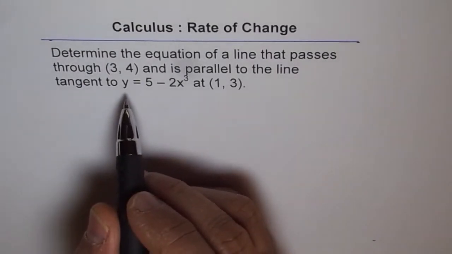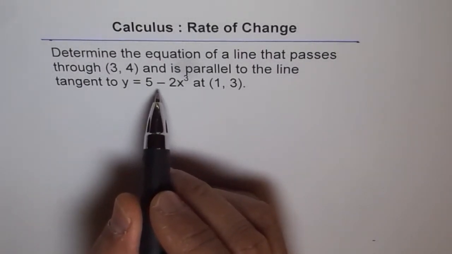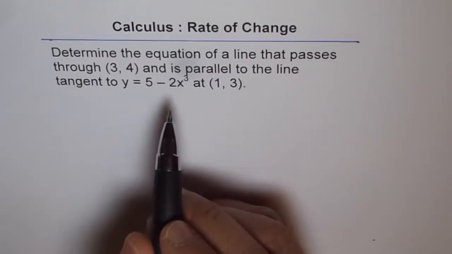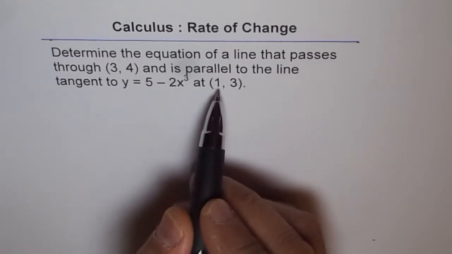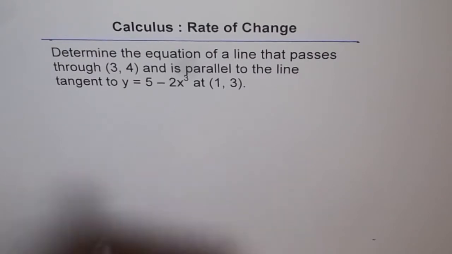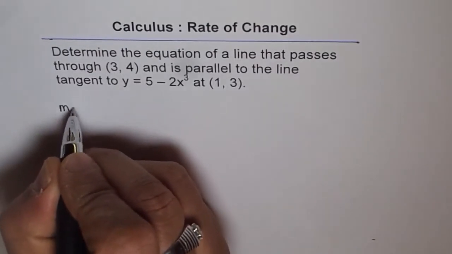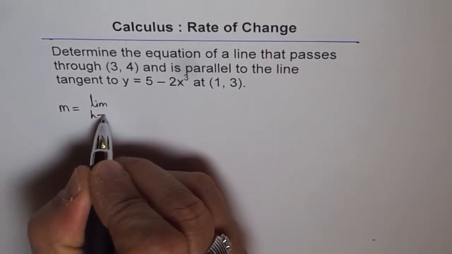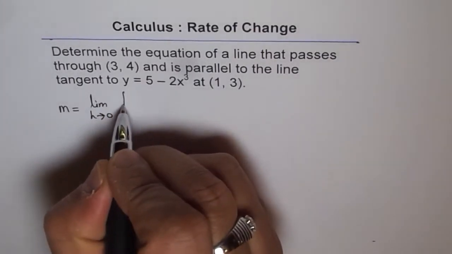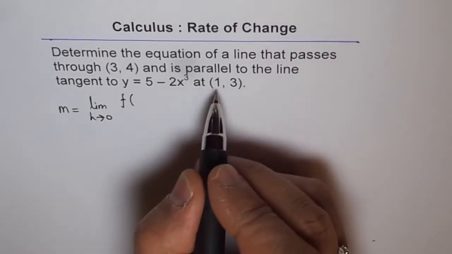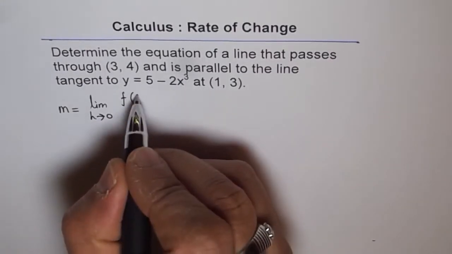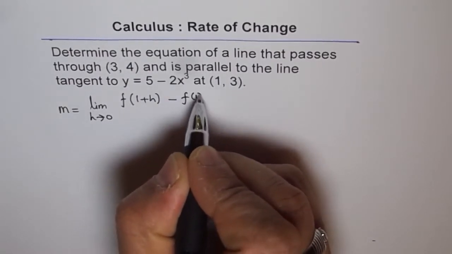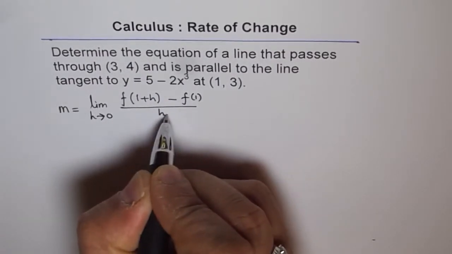So the given equation is y = 5 - 2x³, and we need to find the slope of this line at (1, 3). So the slope can be written as m = limit h approaches 0 of f(1 + h) - f(1) over h, right?